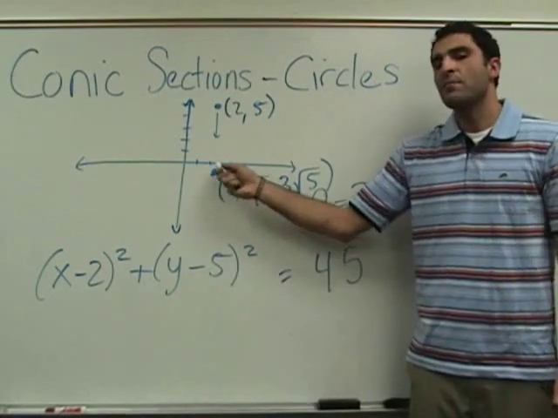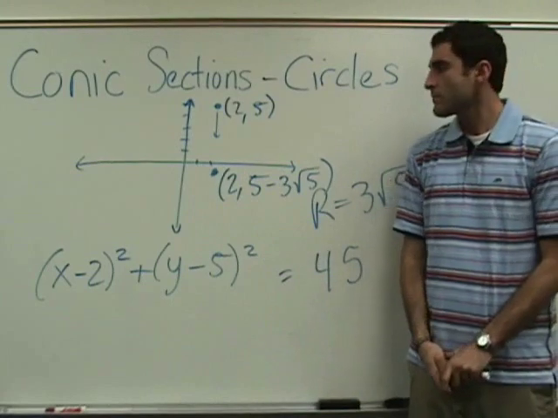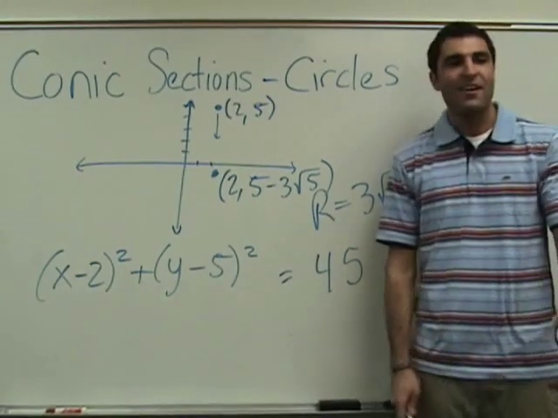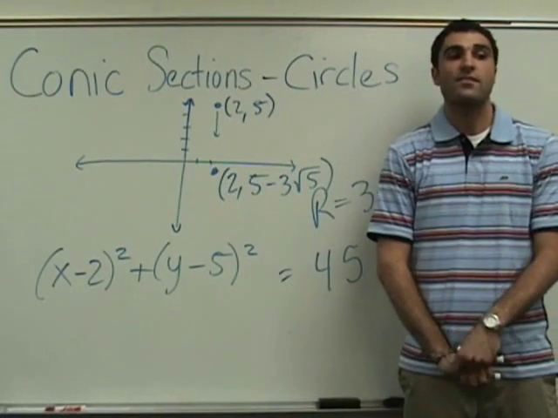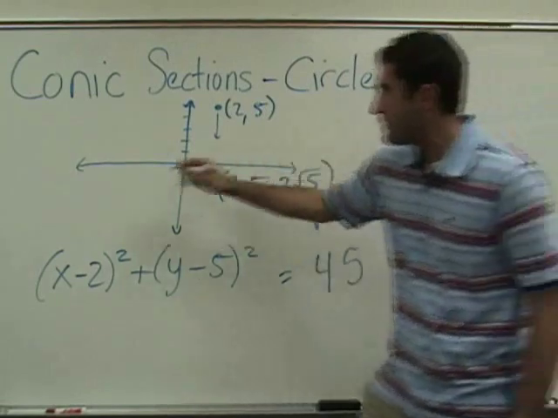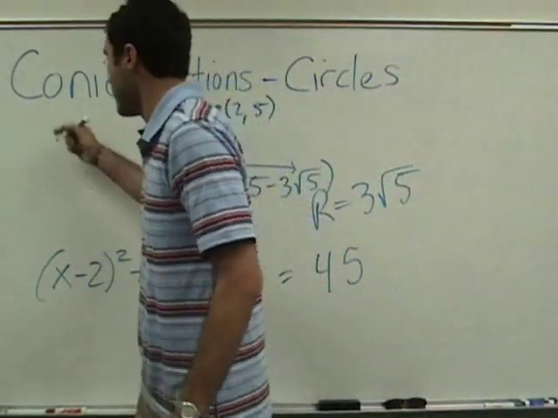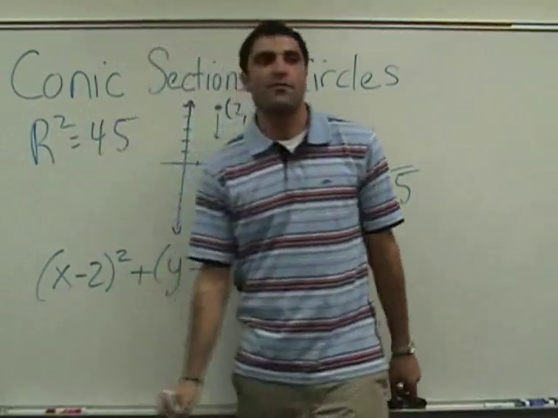It is technically below the axis, and you have to think about that. I'm so confused. Okay, what's the radius? 45. No, that's the radius squared. So r squared is 45.